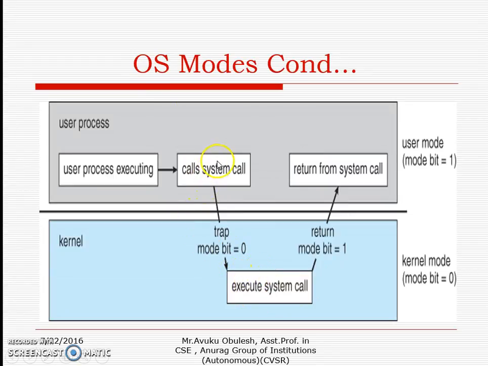While switching from user mode to kernel mode, the mode bit becomes 0. After completion of the system call, the mode bit becomes 1 and then OS enters user mode. Then again it can accept the user request, enter kernel mode and process it, and come back to user mode.